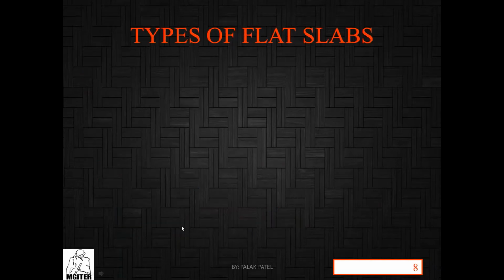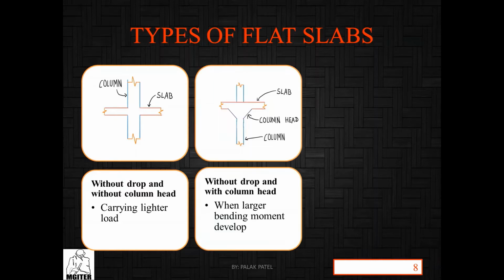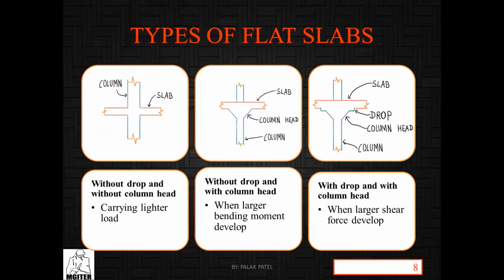First of all, we have to understand the types of flat slab which we discussed earlier: without drop and without column head, without drop and with column head, and with drop and with column head. I hope you understand this. In the previous lecture, we learned the without drop and without column head design.